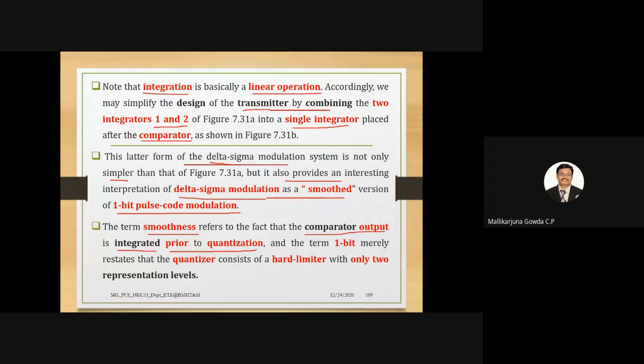Comparator, then integrator, then quantizer. So that is why we say the smoothness refers to the comparator output being integrated prior to quantization, and this term 1-bit pulse code modulation is related to the quantizer. It consists of a hard limiter with only 2 representation levels.